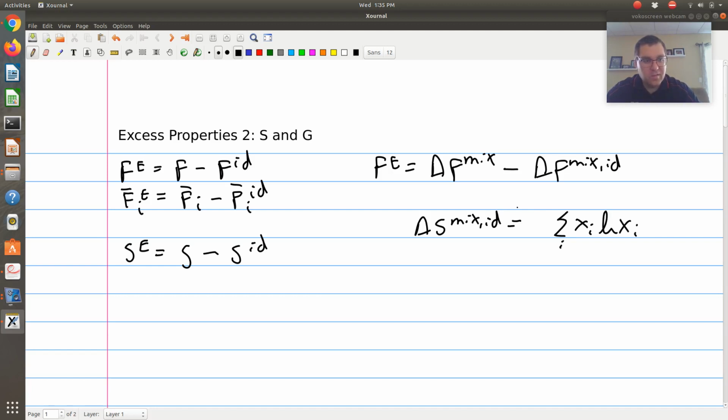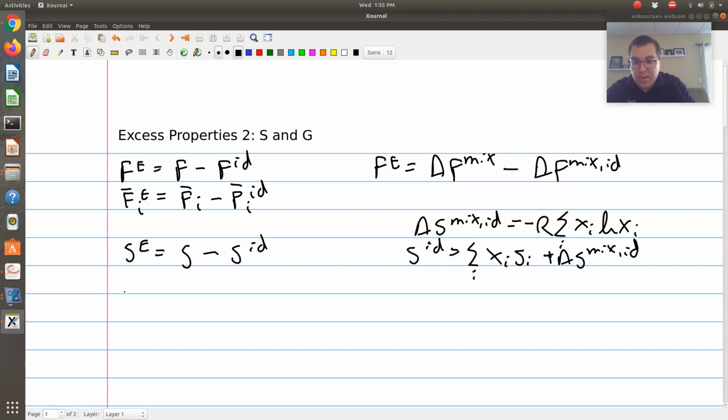Okay, delta S of mixing is always going to be positive, log x_i is always going to be negative, so this could be a negative R, right? Negative to make it positive, R gives me my units of entropy. So S ideal then, right, it's just sum over i, x_i S_i, plus delta S of mixing of an ideal solution, which in this case is just minus R sum over i x_i log x_i.